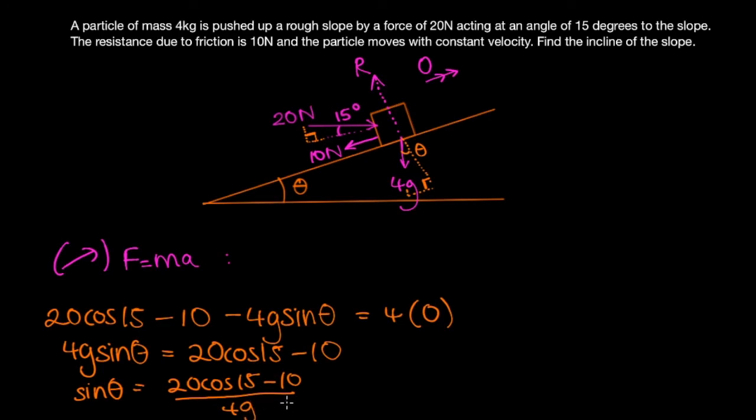So we're going to take g to be 9.8. And so this number comes out as 0.237 and so on. And so in order to find theta, we're going to take the arc sine of this number right here. So theta comes out as 13.8 degrees to 3 significant figures.